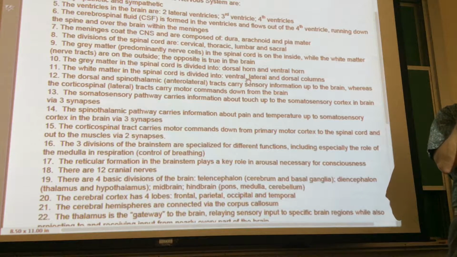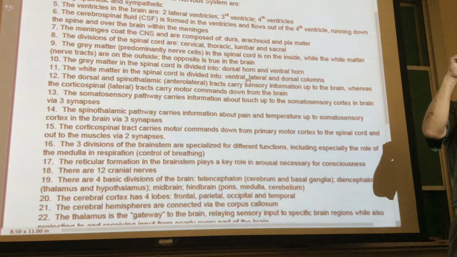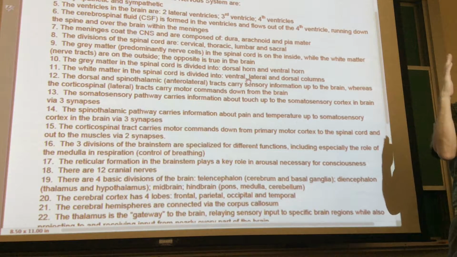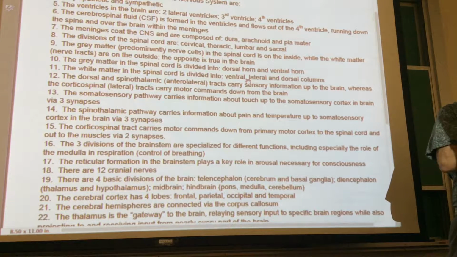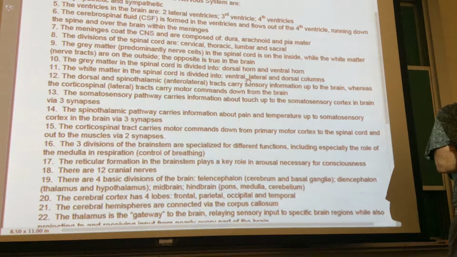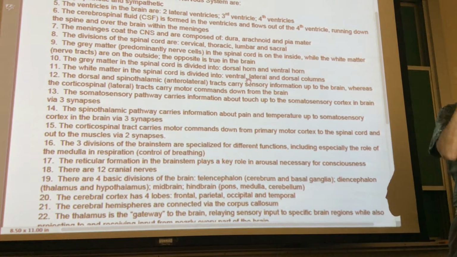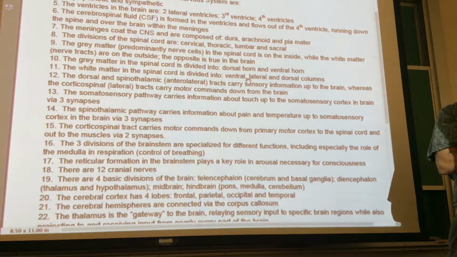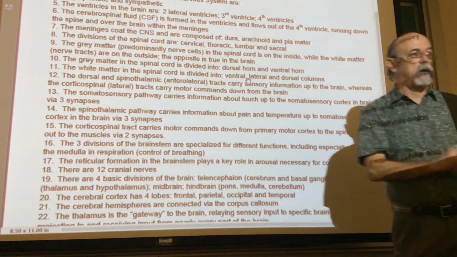It comes in, goes right into the dorsal columns, stays on the same side, and then goes up and stops where? Medulla. Brainstem is fine, but medulla, right? Then what does it do? Then it crosses over, and then it stops where?